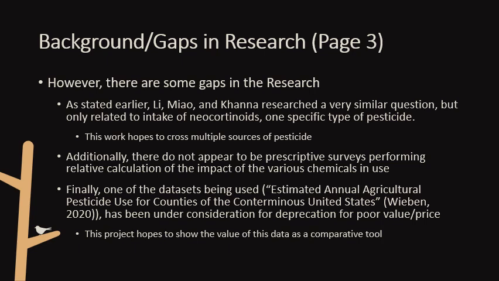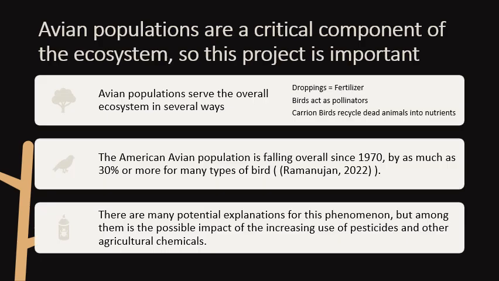We're hoping to show at least one way that data can be useful as a tool to get a handle on the various market basket of chemicals used in a given county and its effect on, in our case, the avian population. So those are the gaps that we're hoping to address with this project.